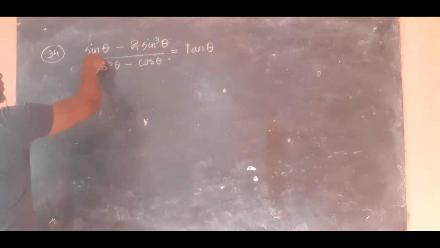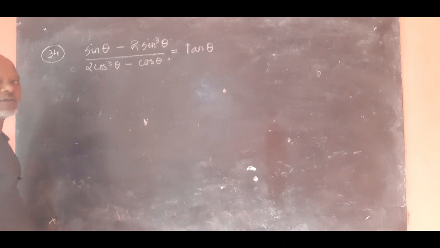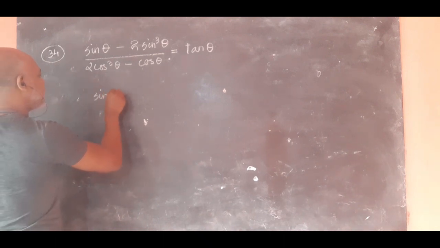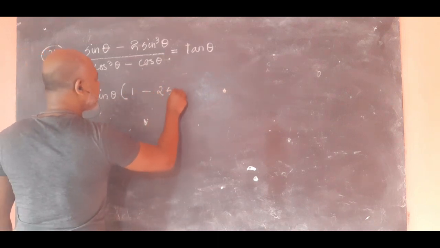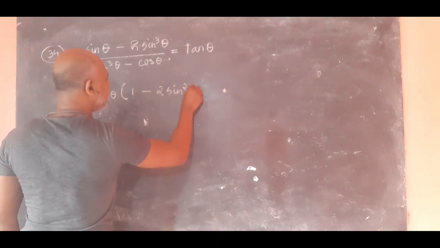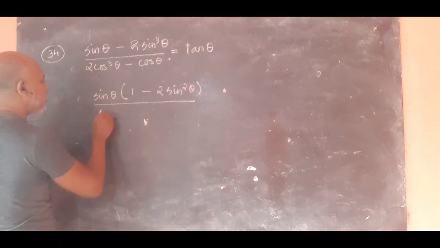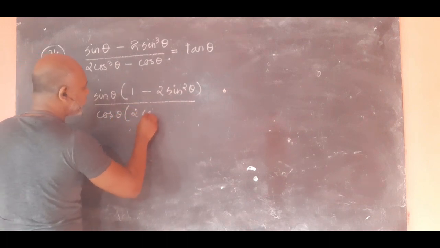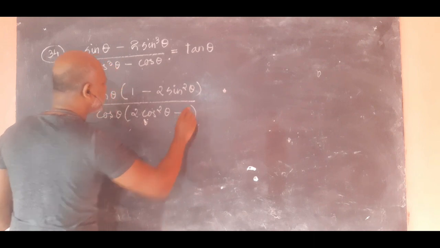From the numerator we can pull out sin theta, and from the denominator we can pull out cos theta. So we write sin theta common, and here 1 minus 2 sin square theta, divided by cos theta common, and 2 cos square theta minus 1.